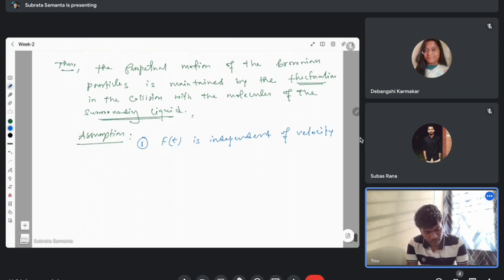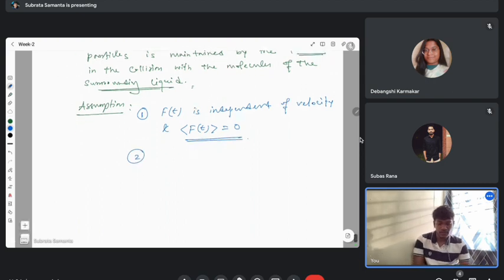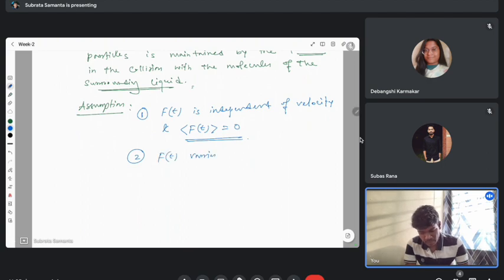And over a long time, the average of f(t) will be 0. Second, f(t) varies extremely rapidly compared to the variation of the velocity. The velocity changes slightly, but f(t) can oscillate very rapidly. Whatever the velocity is, the random force is always there, and it varies extremely rapidly compared to the variation of the velocity.